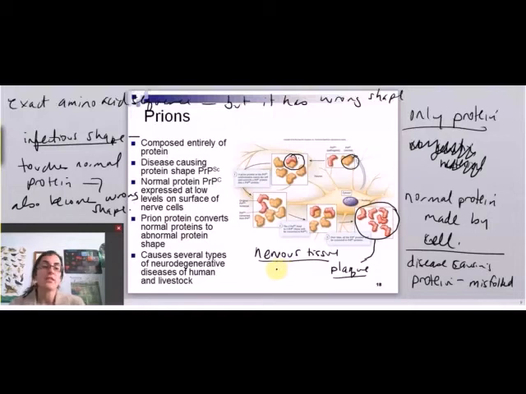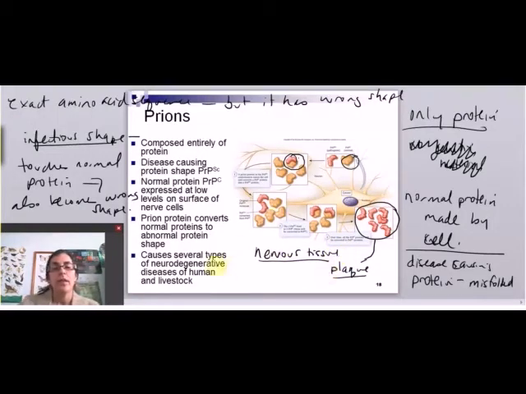What happens is the brain starts to malfunction. You have loss of coordination, impaired ability to move, problems like in humans, it manifests almost like Alzheimer's or Parkinson's disease. So just kind of problems with all these nervous tissue functions.